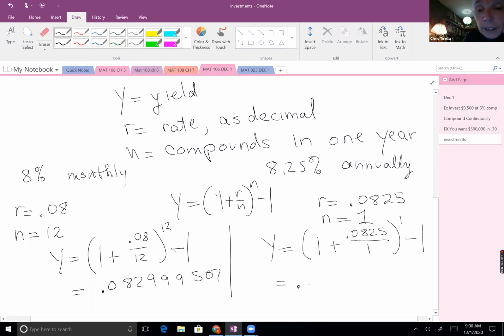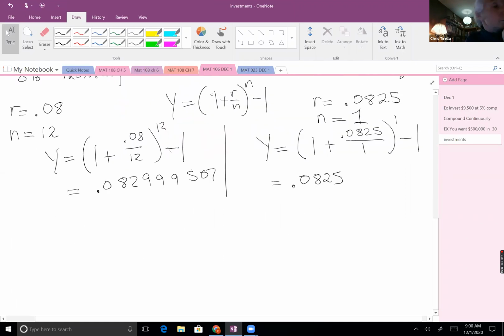And it gives me 0.0825. Is everybody getting those results? If so, now we want to compare the two.